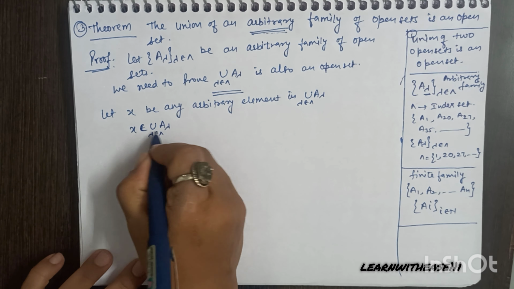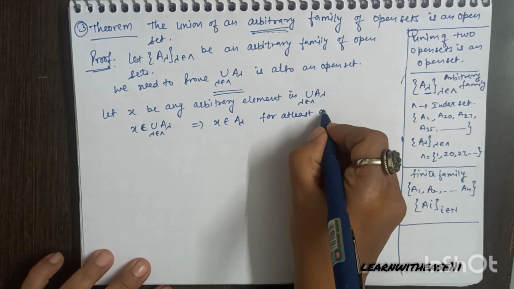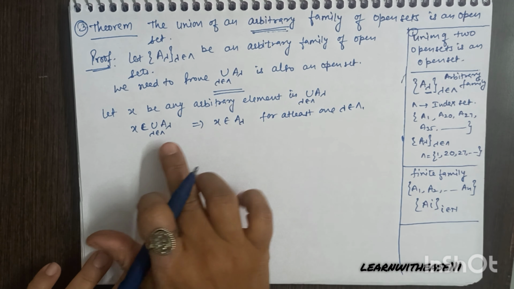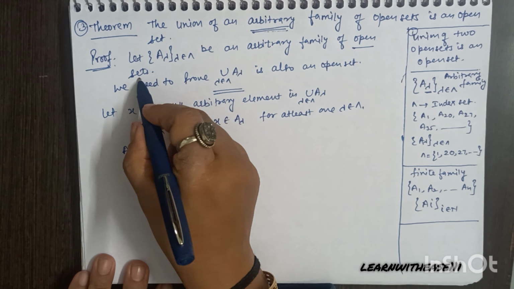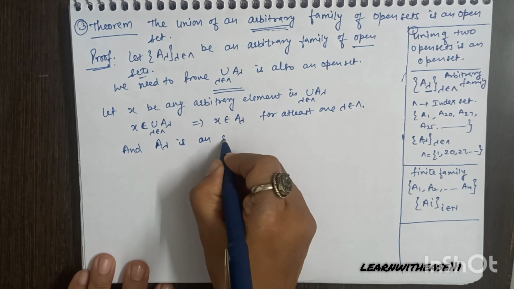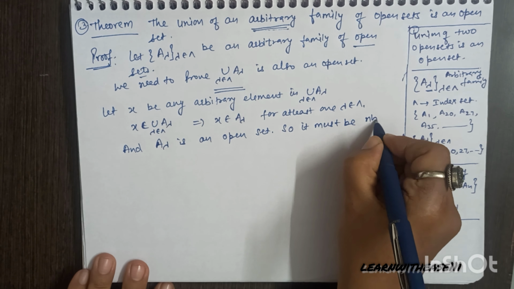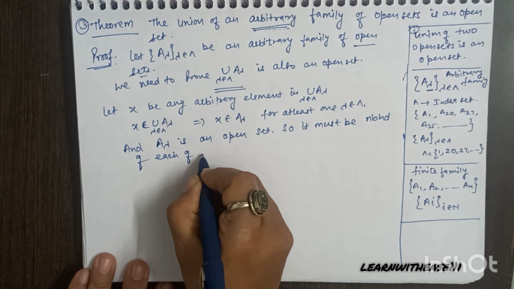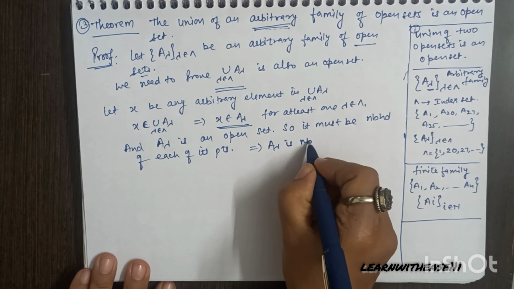So X belongs to the union means X belongs to A lambda for at least one lambda belonging to the index set. It means it should belong to at least one set if it is in the union. And every A lambda is an open set. So every A lambda is a neighborhood of each of its points. It has to be a neighborhood of X if X belongs to any A lambda.